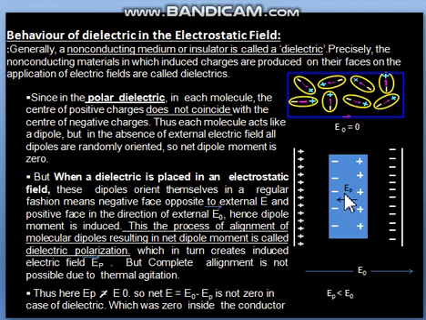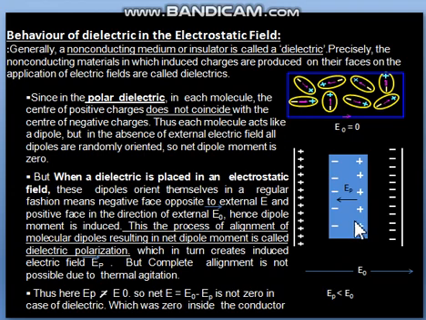In this case EP is less than E0, and because EP and E0 are not equal, can the net electric field be 0 now like the case of the conductor? So in case of the dielectric, the net electric field is not 0.